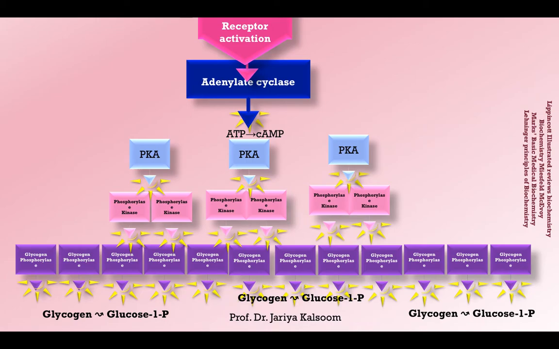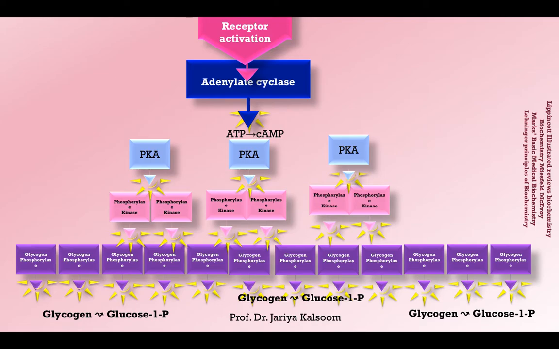Signal amplification by second messengers often involves enzymes that catalytically activate downstream signaling proteins, many of which are enzymes. In the example shown here, receptor activation stimulates adenylyl cyclase activity. This generates cyclic AMP.